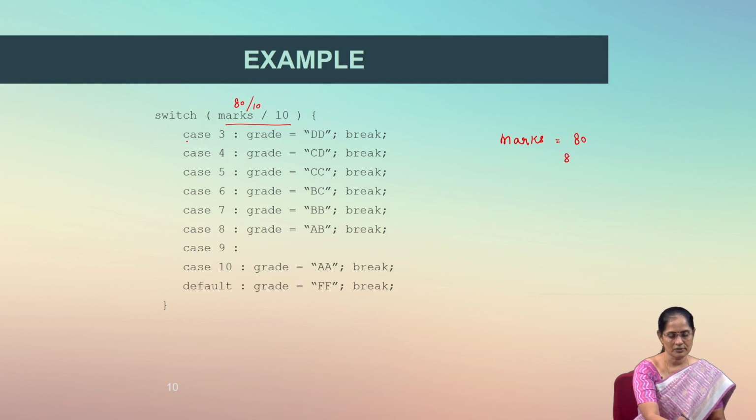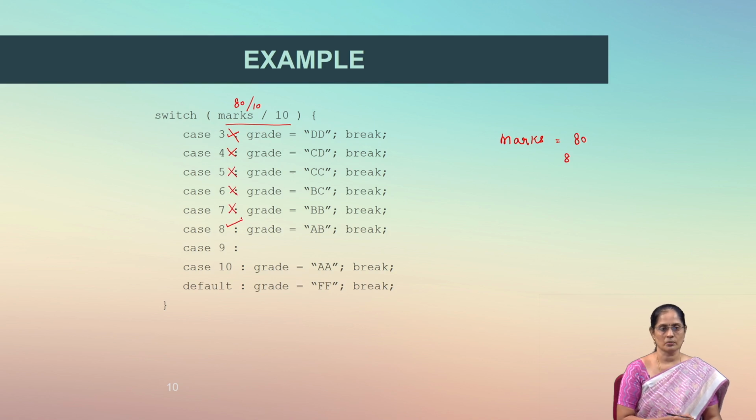It checks the first case, which is 3, so not executed. The second, third, fourth and fifth cases are not matched. When it comes to the sixth case, it gets matched. Once matched, it executes the statements of that corresponding case. So now the grade will be assigned as AB.